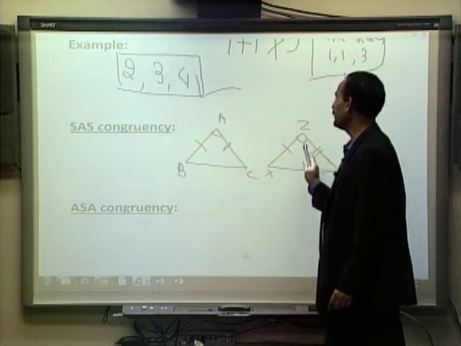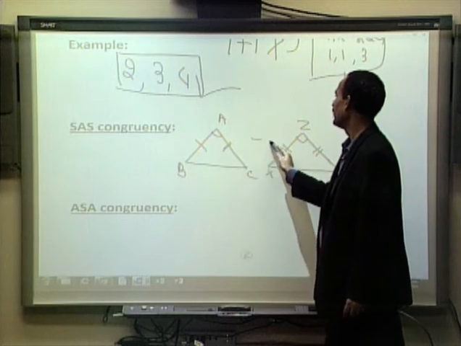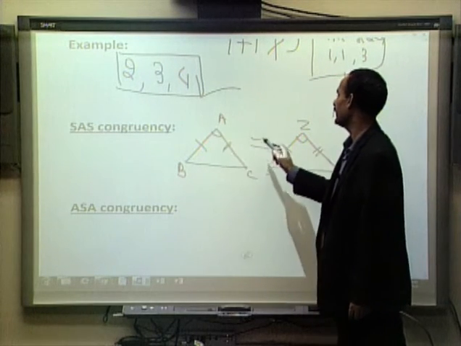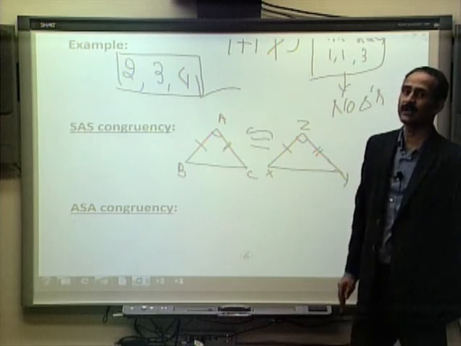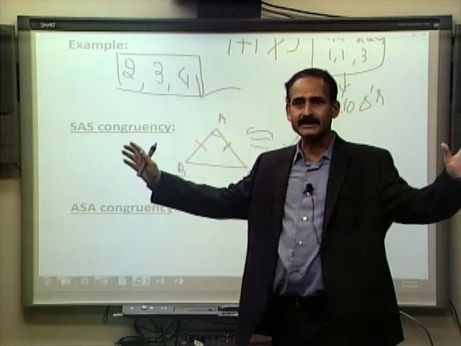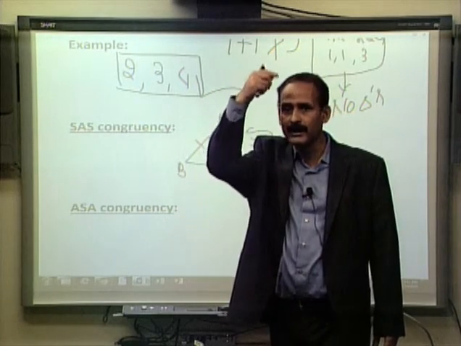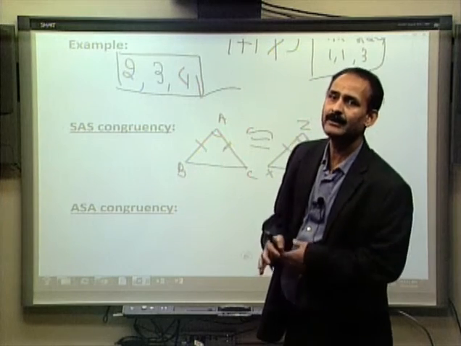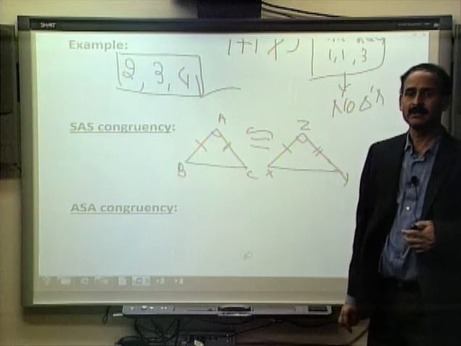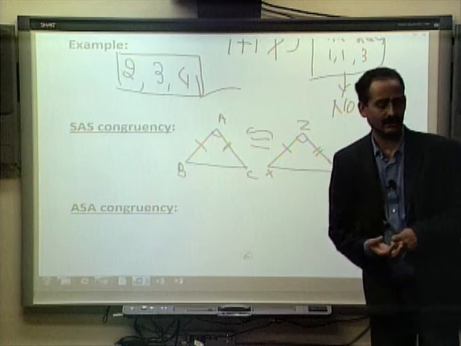If the angle in between is also congruent, like A and X are congruent, according to this SAS congruency, these two triangles will be congruent. So two sides are congruent, the angle in between is very important, and if it is congruent, then the two triangles are congruent.